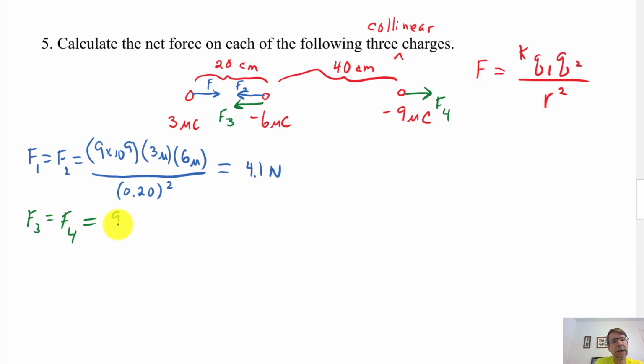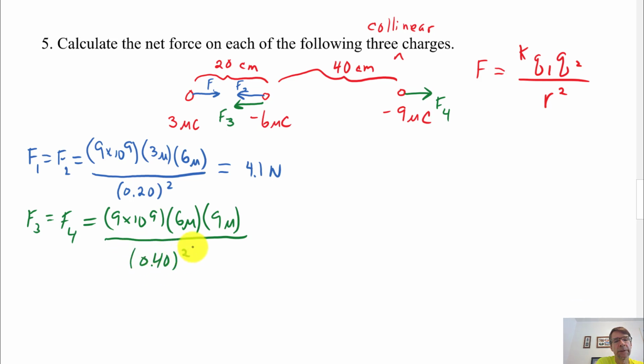It's still 9 times 10 to the 9th times 6 microcoulombs. Don't need a negative. Times, oops, I need to put the micro in there though. Don't forget to put the micro in there, because you've got to have that in your calculators. 6 times 10 to the -6th times 9 times 10 to the -6th divided by that distance squared, 0.40 squared.